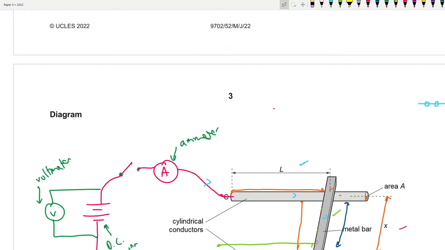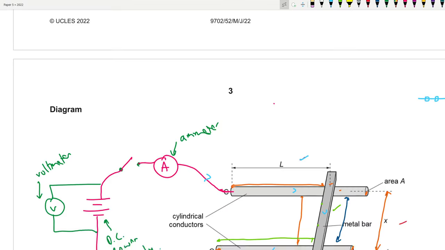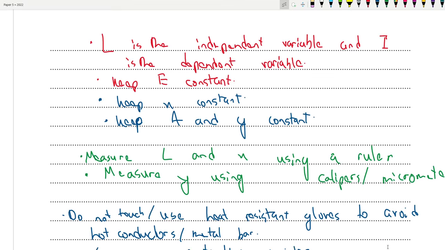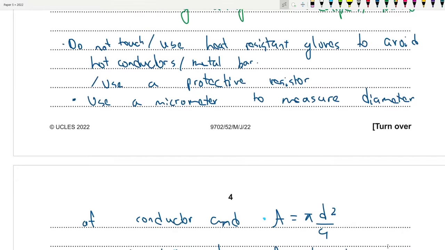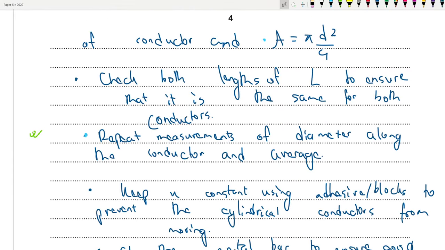X is this distance, the orange length. Keep x constant using adhesive to prevent the cylindrical conductors from moving, or we could use blocks to keep them in place on either side of each conductor to prevent the cylindrical conductors from moving.